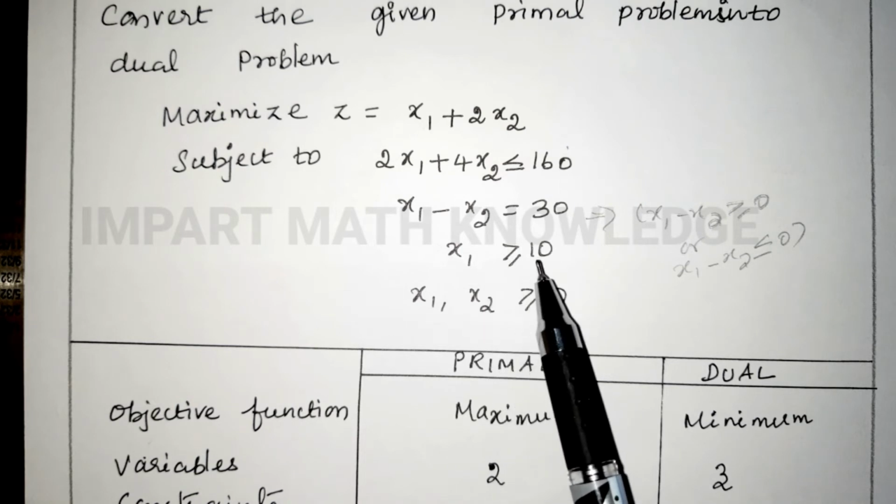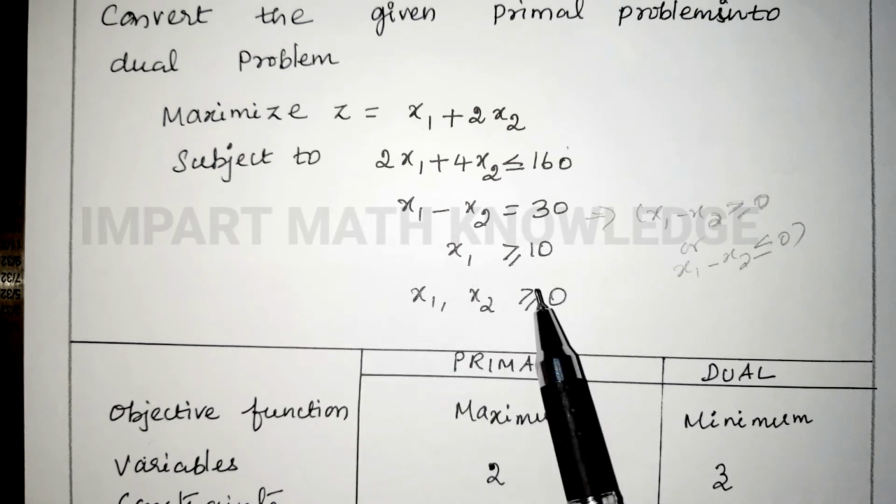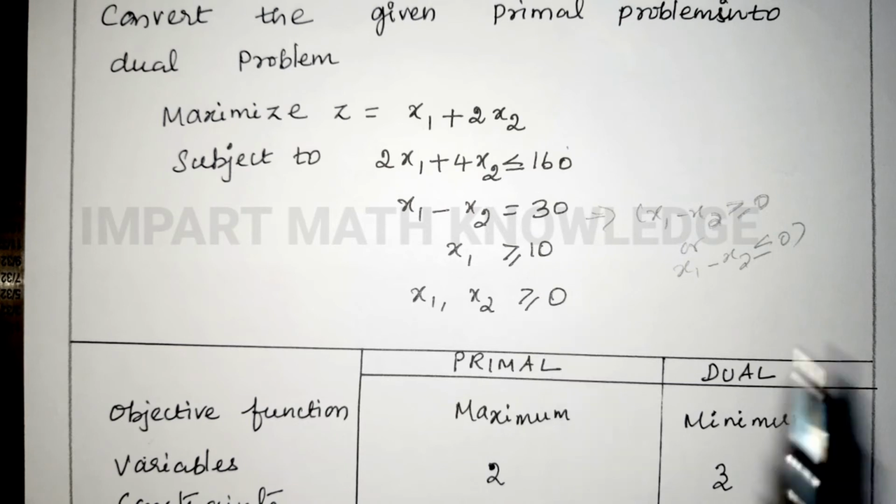In this case, we have to change the inequality by multiplying by a negative sign on both sides.